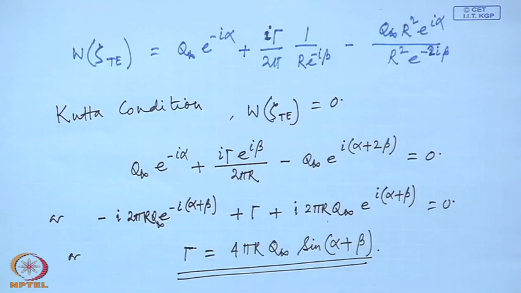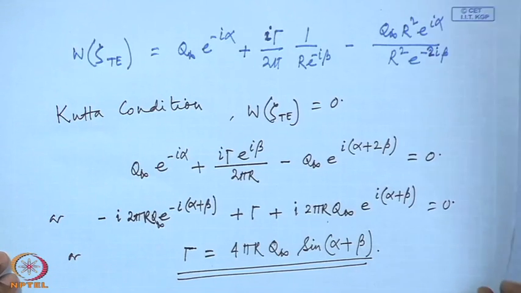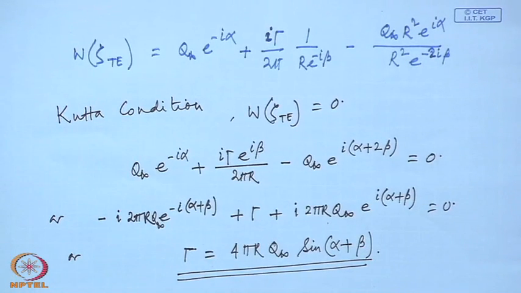So, this will be the circulation produced for the Zhukovsky airfoil: 4 pi r q infinity sin alpha plus beta. You see that the circulation of course depends on alpha, which is the angle of attack or the flow inclination with respect to the chord, and also on beta, a relative location between the center and the critical point, which has later become the trailing edge point of the airfoil.